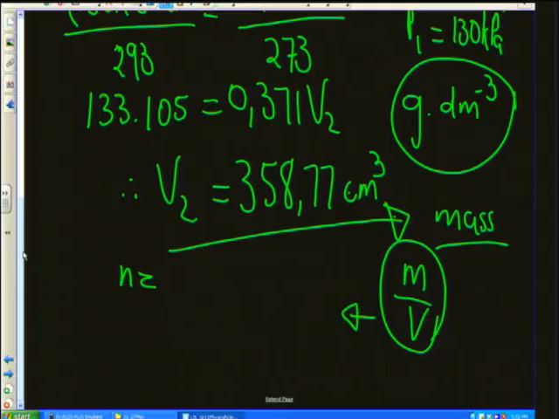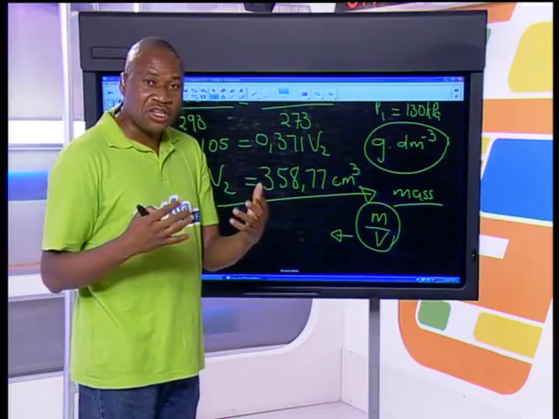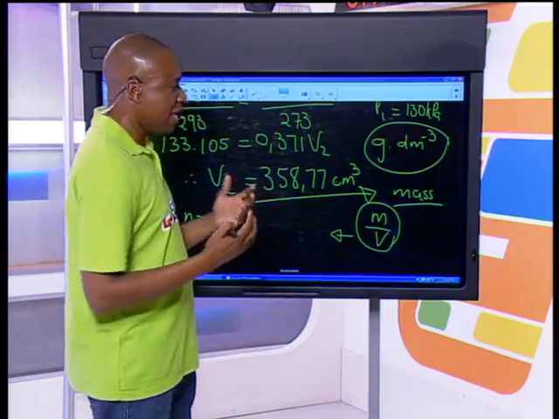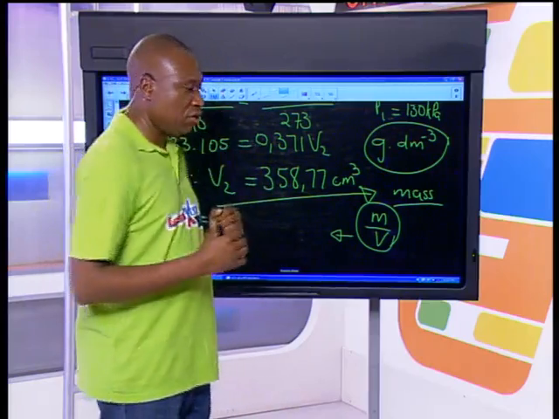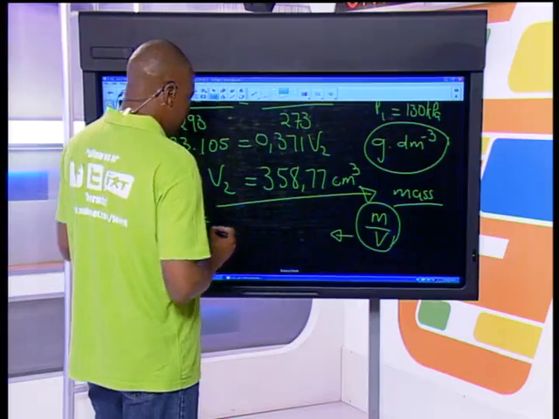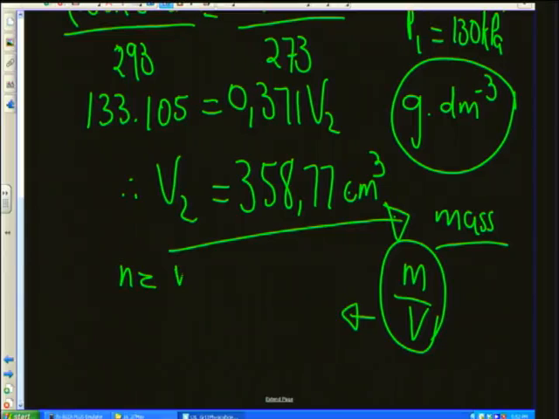And if you were to come back to what we're dealing with, if it's the number of moles we are talking about, under standard conditions the volume occupied by 1 mole of a gas will be 22,4 cubic decimeters. The number of moles will be given by the given volume divided by the molar volume. I think you will remember that.